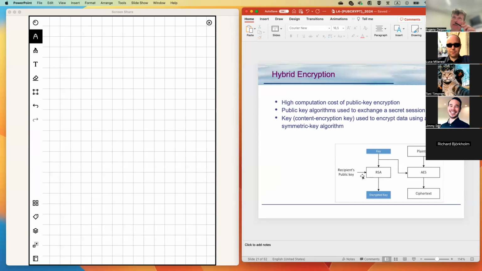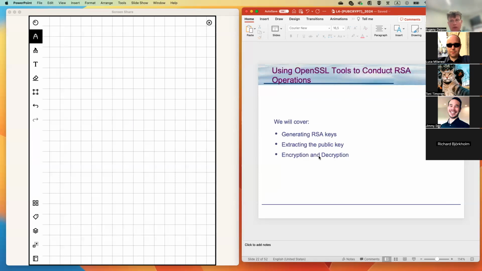That is why public key crypto is normally used to encrypt smaller portions of text. As in this case, for example, you encrypt a key which can be used for further encryption, or you encrypt a digest of a message that you computed using a secure hash function that we considered some weeks ago.